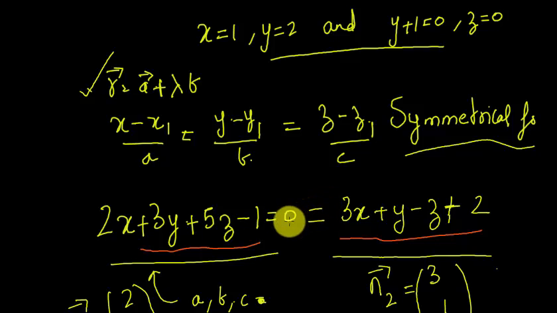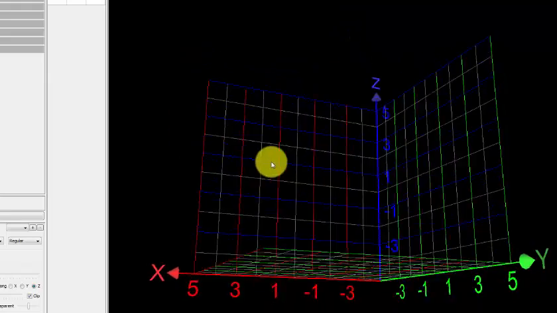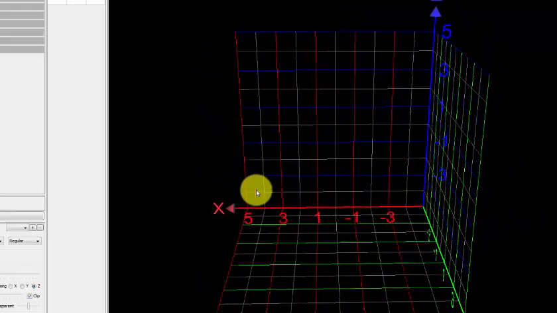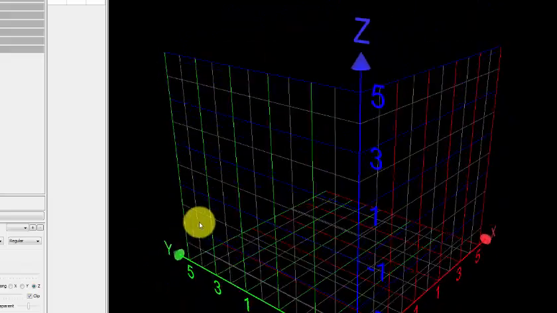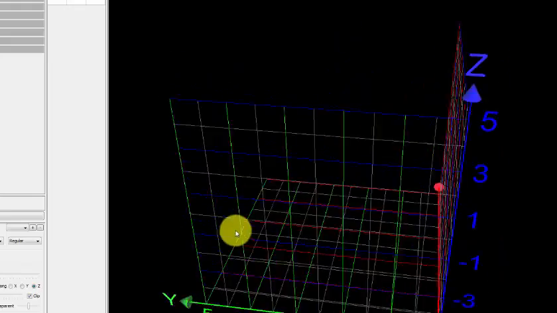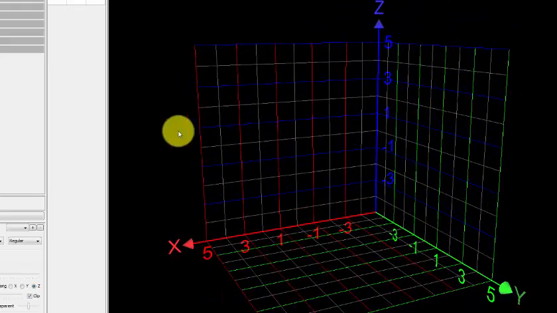Now I'm going to show you a graph for this. So these are the x, y, z coordinates which I'm showing you here. I can see the x coordinate there, the y coordinate, and you have the z coordinate. So please keep this in your mind. Now what I'm going to do is to plot the two equations.